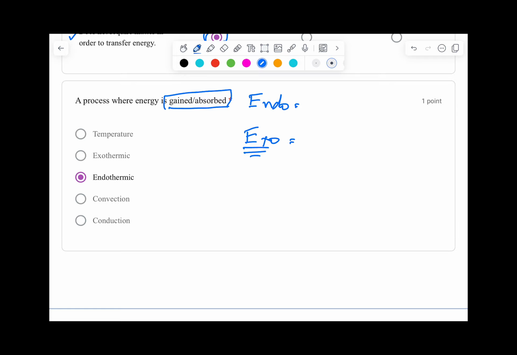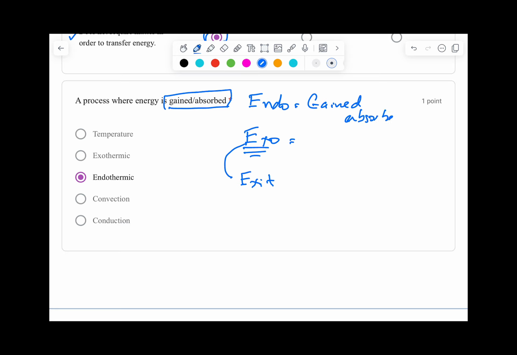The prefix of exo is ex, which is the same prefix as in the word exit. So exit means to leave or you're released. So if this would have said released, then you would have said exo. But because we have things that are gained or absorbed, that's endo. And that's, again, that definition.